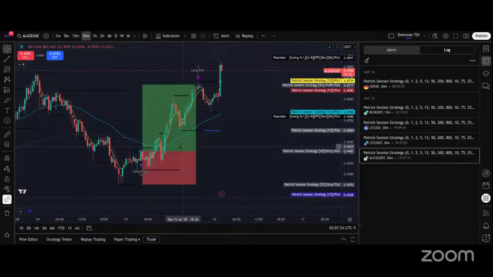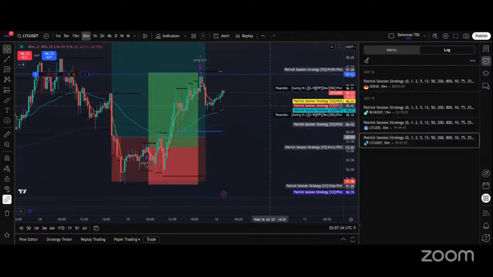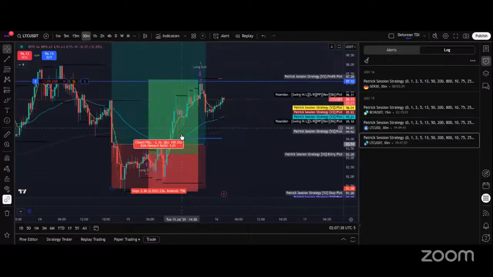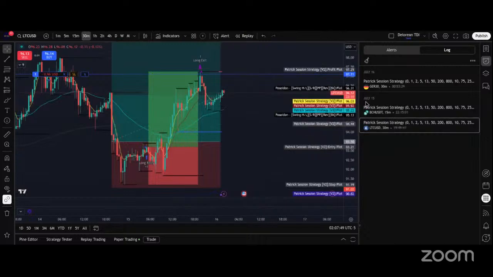We missed an opportunity to get into Alice versus Tether. That hit take profit. We missed an opportunity on the 30-minute to get into Litecoin versus Tether, and that hit take profit. We missed an opportunity on Litecoin versus US dollar, and that hit take profit.